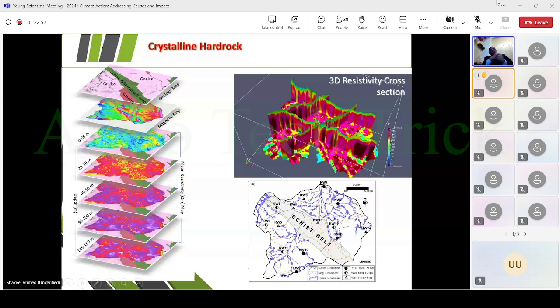If you are able to see this picture, there is some blue color. That is only the water. In other areas we don't have any water, and it is very difficult from the top to find that water exactly at 100-meter or 60-meter depth, because the fractures are just a few centimeters in dimension.